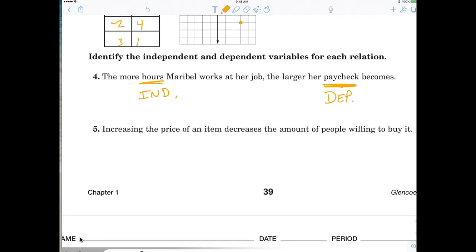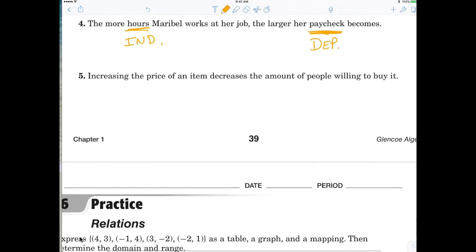All right. Number 5. Increasing the price of an item decreases the amount of people willing to buy it. All right, that's basic supply and demand. What that means is the higher the price, the fewer people can buy it. That's why you want to make your price as good as you possibly can so you can attract more people to buy it.